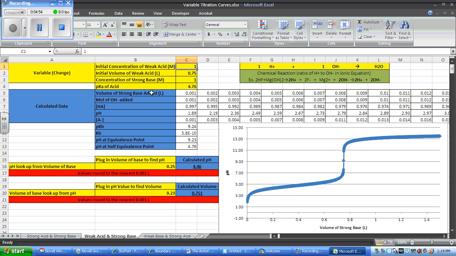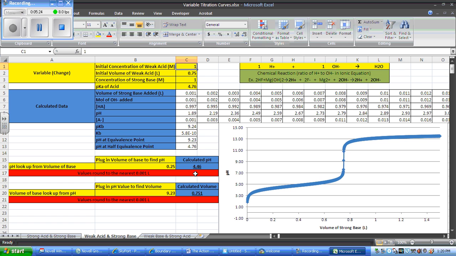Except the only difference with this is that it needs the pKa of the acid that you're titrating, or the weak acid that you're titrating. And down here it also calculates your pKb, your Kb, your pH at the equivalence point, so you can just look at it really quick, where that point is, pH-wise, and then the pH at half equivalence point, which is just your pKa.